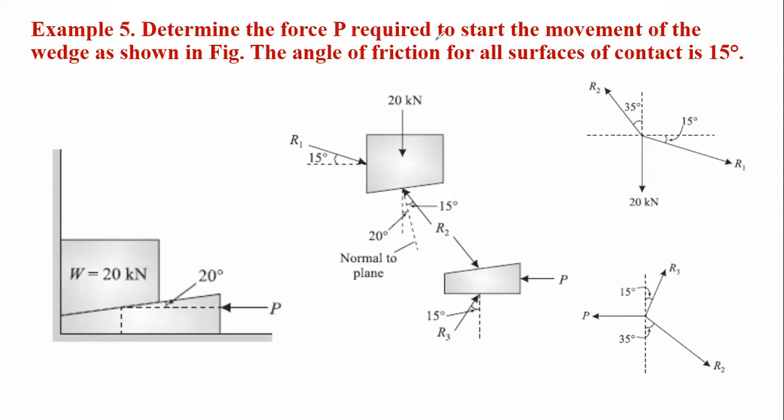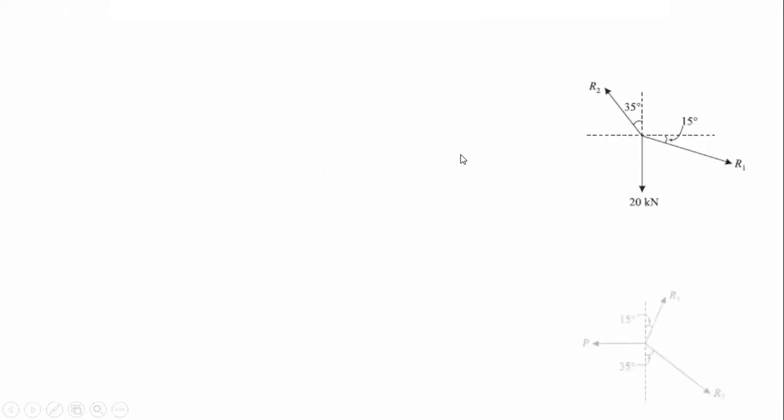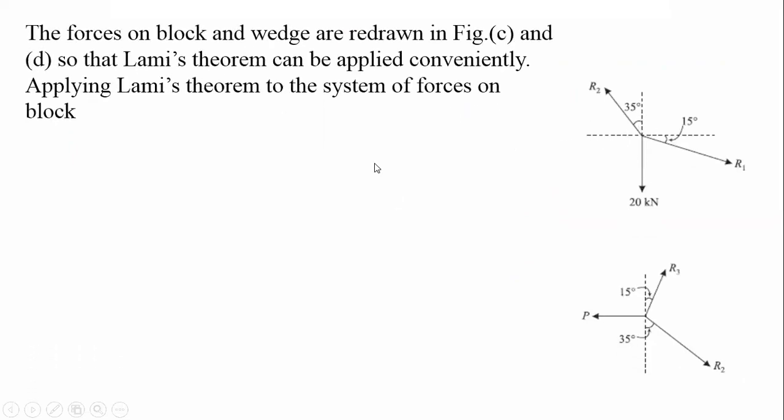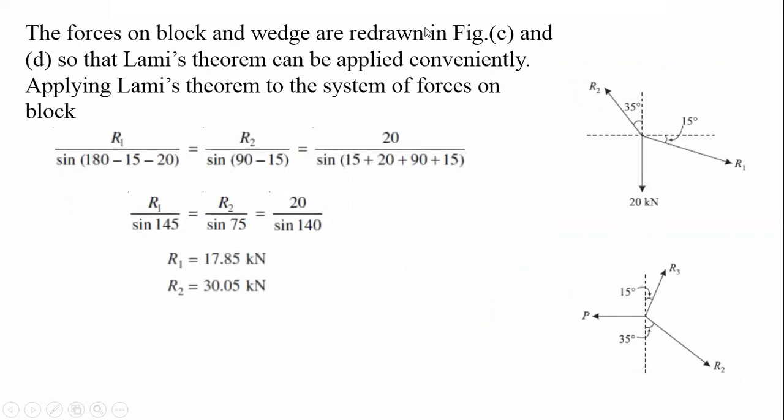Now let us consider the separate diagrams. First let us consider this one and apply Lami's theorem. According to Lami's theorem, here R1 divided by sine of the angle between the other two forces, that is 180 minus this 35, it becomes sine 145.